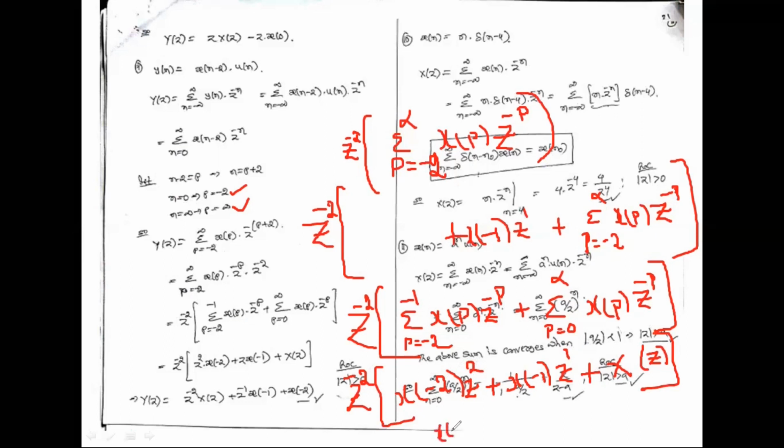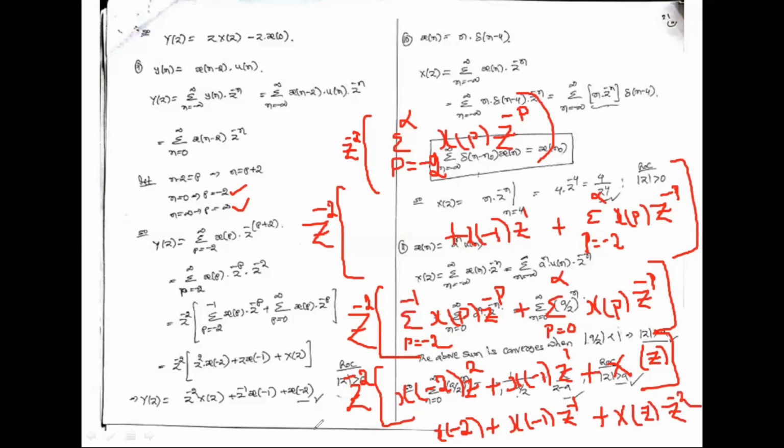It becomes x of minus 2, plus z power minus 2 z power 1 is z power minus 1, because bases are same, we can add the powers. Minus 2 plus 1 is minus 1. So x of minus 1 into z power minus 1, plus x of z into z power minus 2.